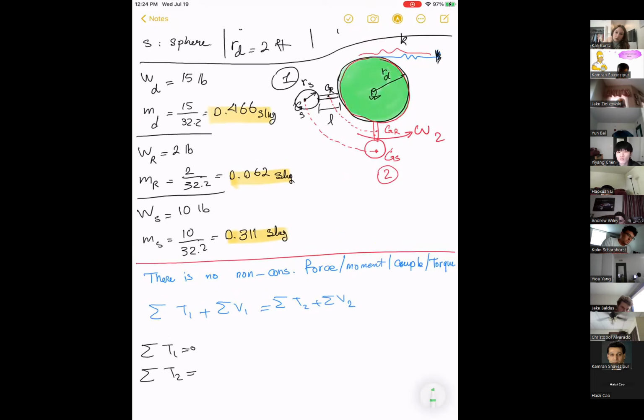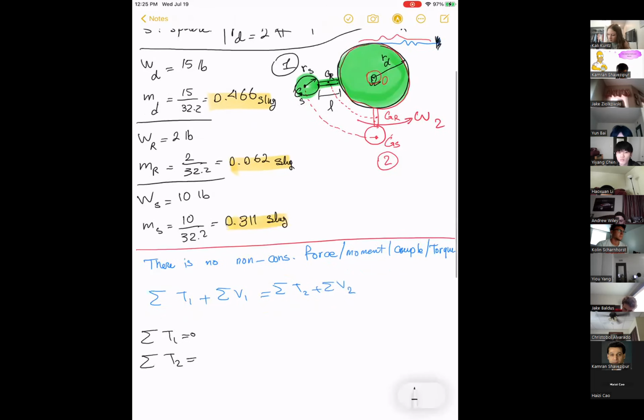This is the rigid body, right? One single rigid body rotating about a fixed point. This is your fixed point. Let's call it O. What is the kinetic energy of rotation about a fixed point for a rigid body?